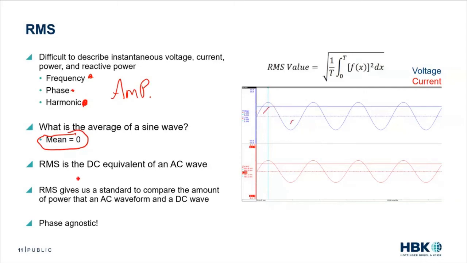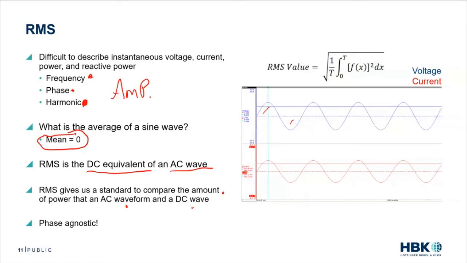And what RMS ends up being in a sine wave is the DC equivalent of an AC wave. And this is pretty cool because this gives us a standard method to compare the amount of power that an AC waveform or DC waveform contains. Or for that matter, it gives us a way to describe the amount of power that a high harmonic wave and a low harmonic wave have. So we got a lot going on here.